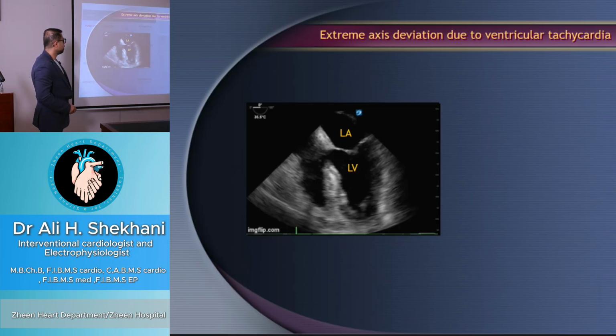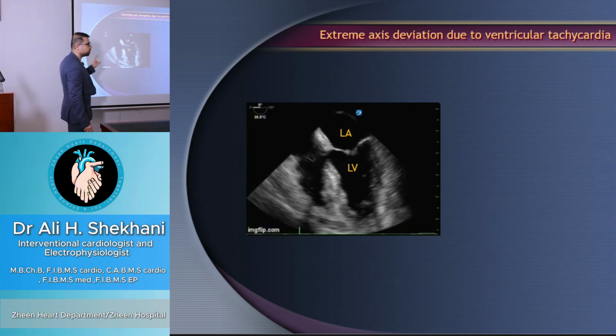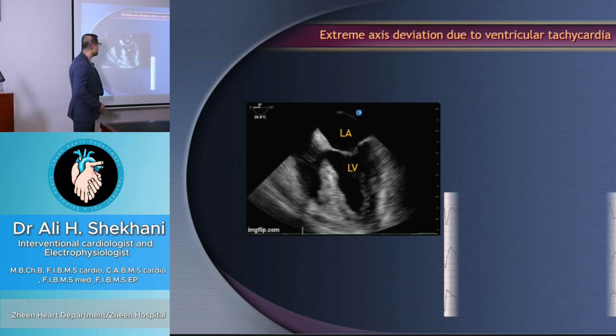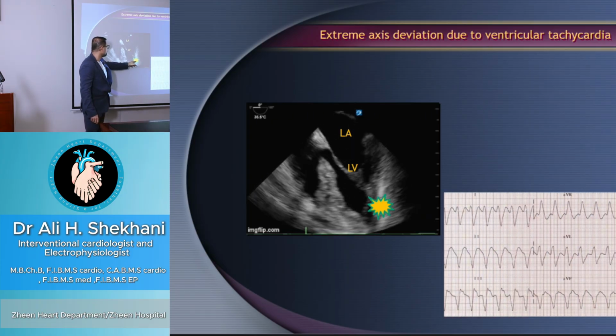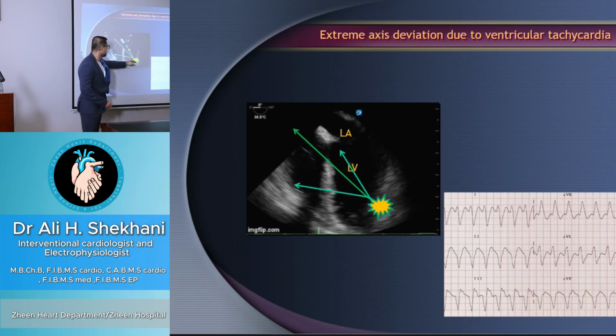To understand the concept of the axis deviation, this is a transesophageal echo. This is the left atrium, this is the left ventricle. Suppose there is a focus of VT arising here, we expect that the direction of depolarization is away from this signal.